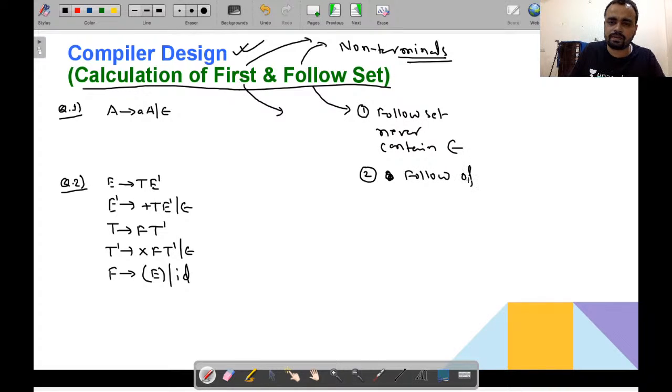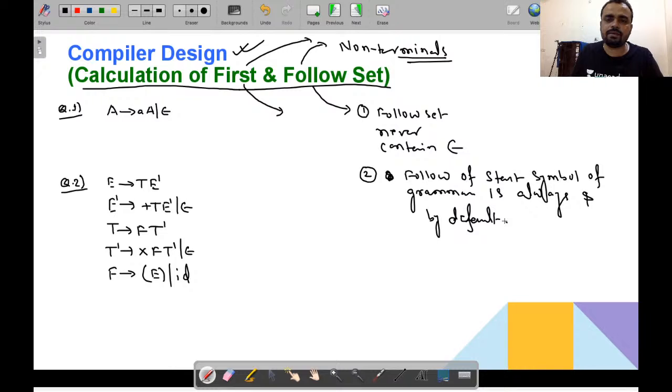Follow of start symbol of grammar is always dollar by default, ठीक है ना. बाय डिफॉल्ट किसी भी स्टार्ट सिंबल का जो फॉलो सेट होता है वो बाय डिफॉल्ट क्या होता है, डॉलर होता है. There is a reason, you just stay with me and I will tell you each and everything, okay.